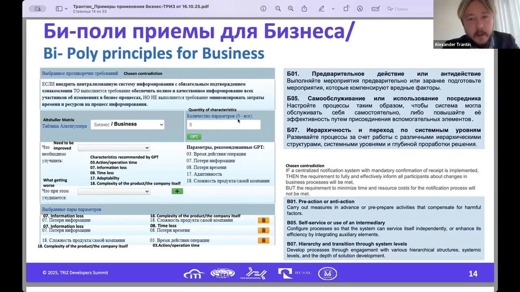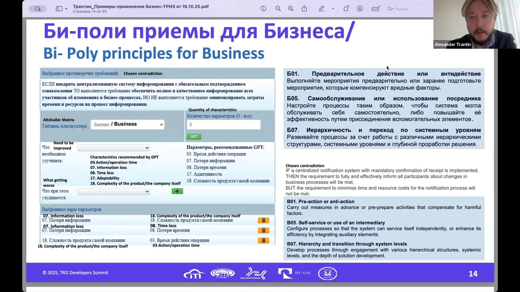Well, if you have such a prompt, this helper, why not use it? Thus, for our chosen contradiction, AI recommended using the following parameters. Then we outlined the most characteristic conflicting pairs, and the system gave us recommendations.